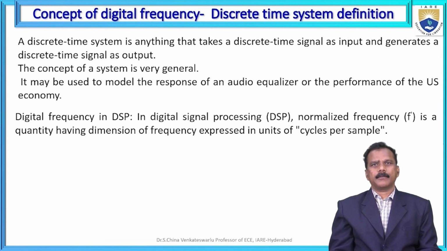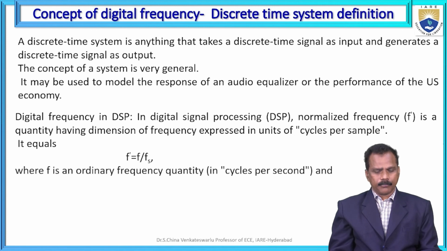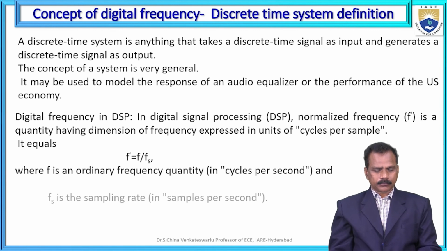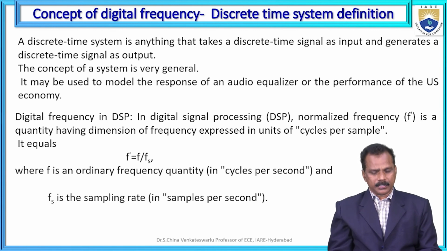So F dash is equal to F by Fs, where F is an ordinary frequency quantity in cycles per second, and Fs is the sampling rate in samples per second.